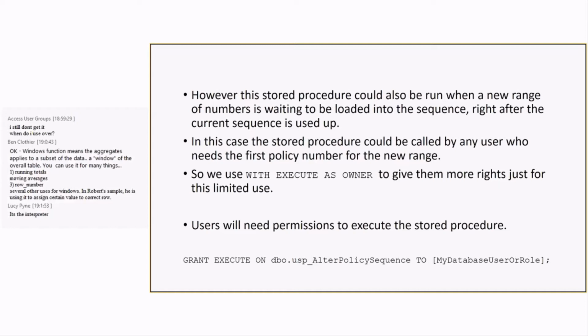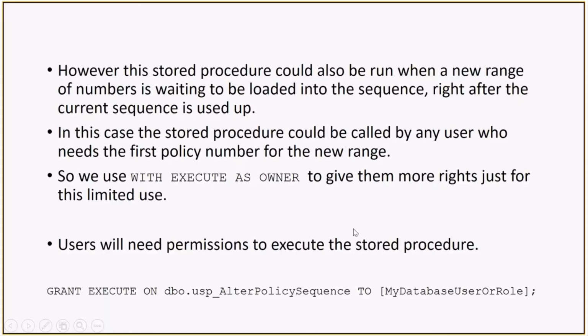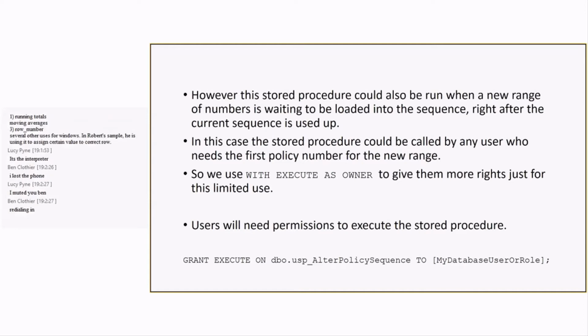Okay, thank you. All right, so a stored procedure can be run when a new range of numbers is waiting to be loaded into the sequence, right after the current sequence is used up, and it can be called by any user, not necessarily an admin user. So we use with execute as owner to give them more rights just for this limited use.